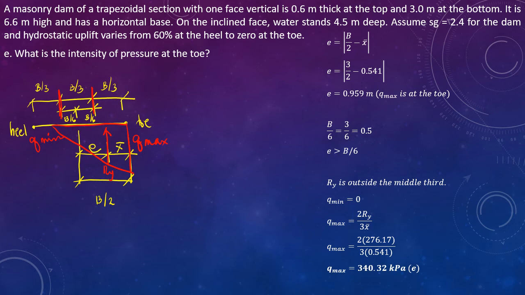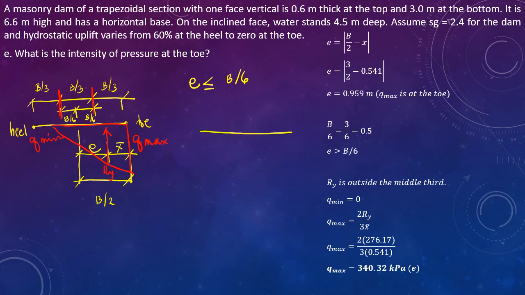Now we also have another case wherein our E is not greater than B over 6 but less than or equal to B over 6. So let me try to illustrate again.